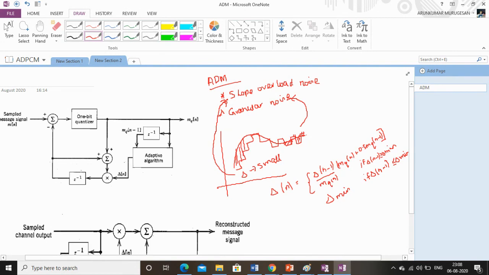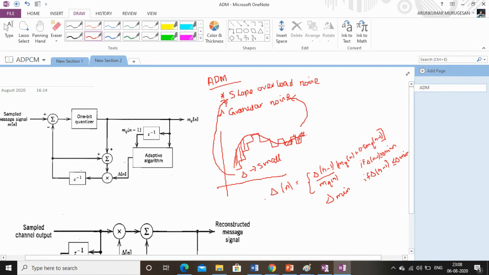Slope overload noise and granular noise are eliminated by using adaptive delta modulation. By using adaptive delta modulation, the step size may vary. If successive errors have the same polarity, then slope overload noise occurs. If successive errors have opposite polarity, then granular noise occurs.